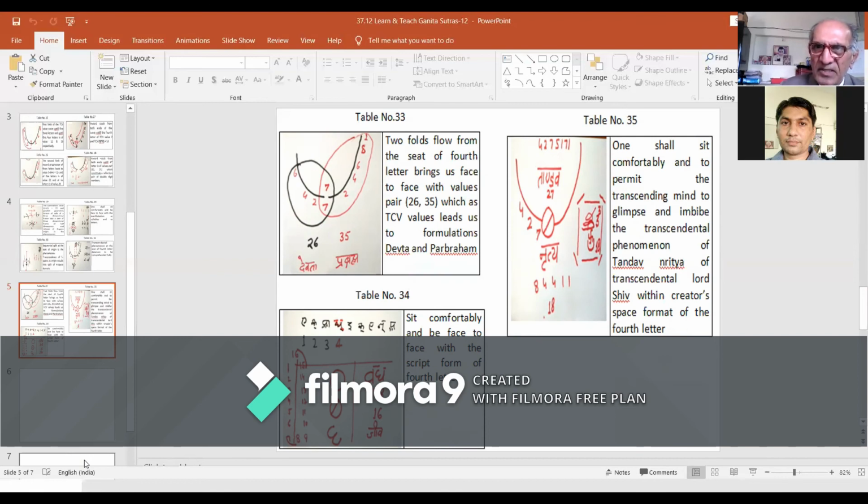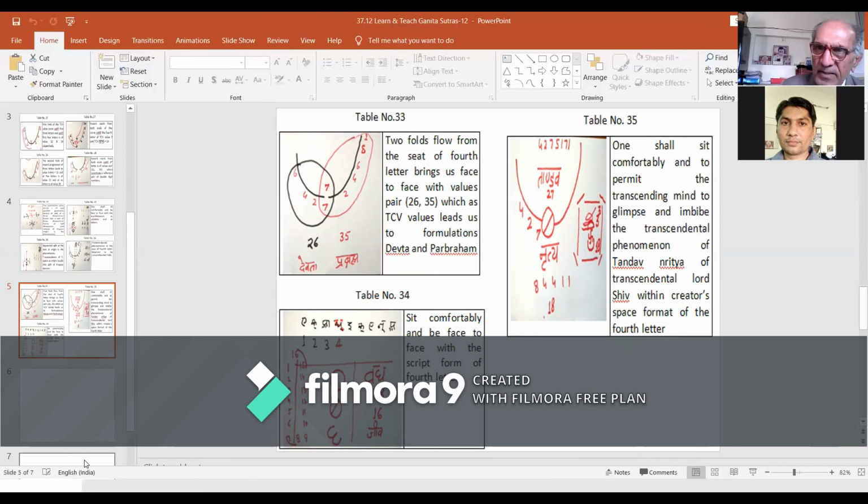For it, let us revisit the TCV values curve of formulation Ekadi K, and as is the tabulation of table 33, the reach from both ends till the fourth seat of fourth letter will be of the values pair 26 and 35.